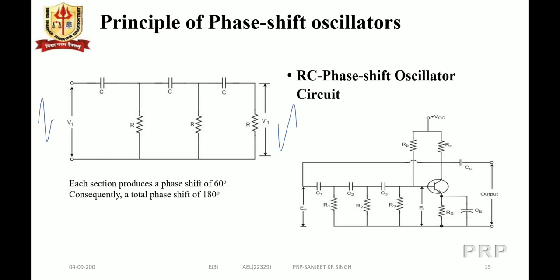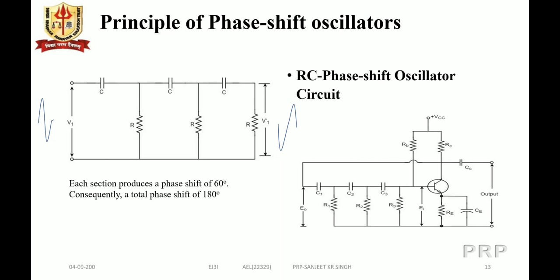So if this RC feedback network or phase shifting network is used as a feedback circuit for a CE amplifier, then the circuit we see here is that of the RC phase shift oscillator circuit, where we have the CE amplifier with the resistors RB, RC, the transistor, RE, and the bypass capacitor CE.